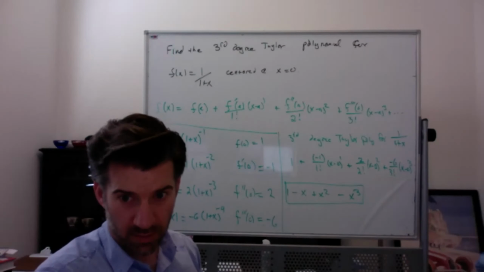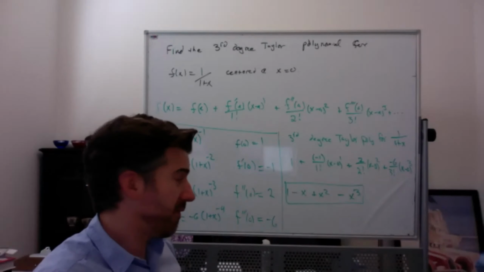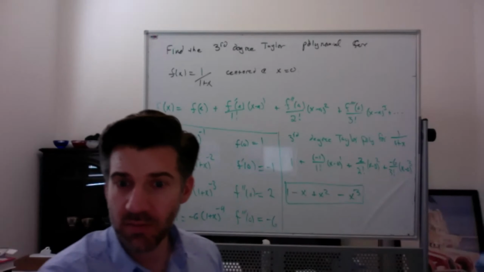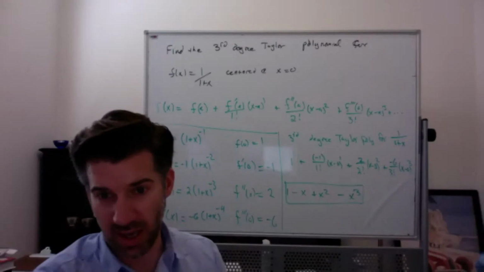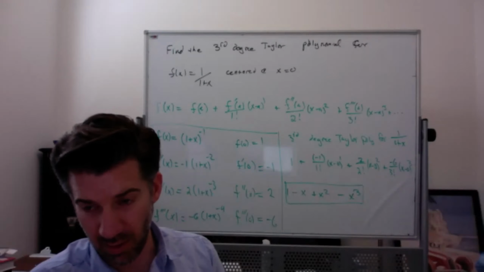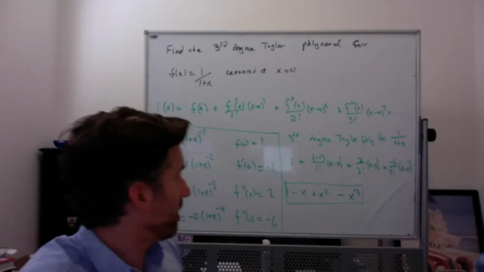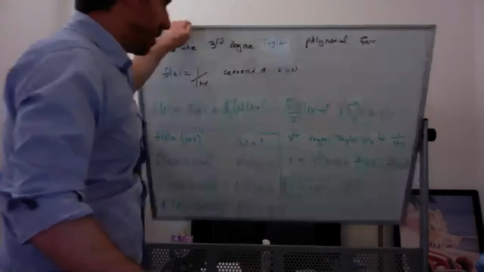Something worth noting. The first degree Taylor polynomial of a function is the same as the linearization of that function at whatever point you're finding the polynomial at. So, in fact, let me write that down because I think that is something that you guys should want to know.